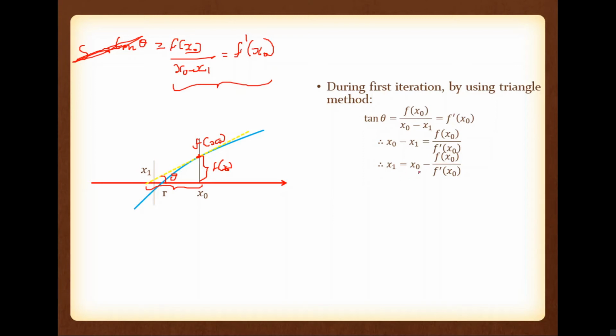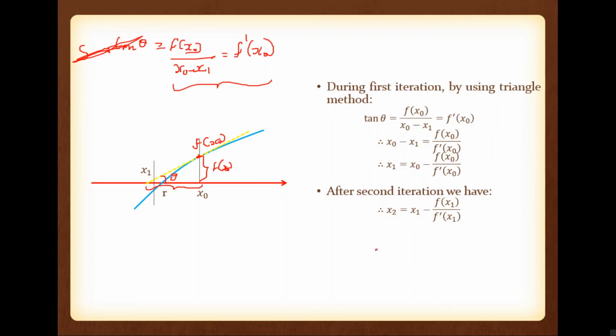So if we know x0, then x1 is equal to x0 minus f of x0 divided by f dash of x0. Now once we have x1, then we can calculate x2 by using this equation. x2 is equal to x1 minus f of x1 divided by f dash of x1. So during the second iteration, we have x2 is equal to x1 minus f of x1 divided by f dash of x1.